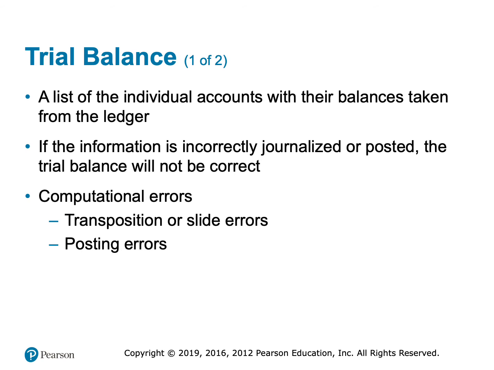So maybe the entry was for $1,200, but we put 120, or we put 12,000. So all of those are little simple mistakes that we can very easily make. And the trial balance, while it won't catch every single mistake, and we'll talk about which ones it doesn't catch a lot of times, it will help us catch a lot of our mistakes.